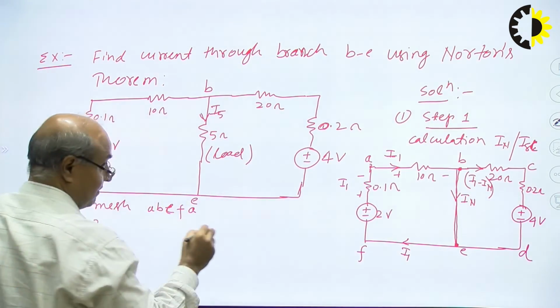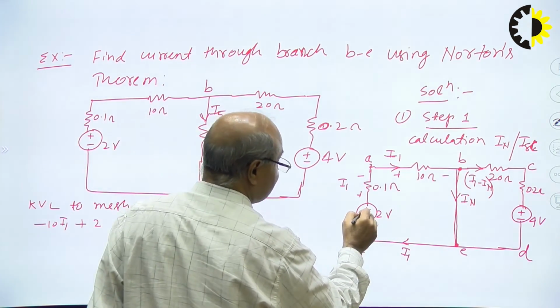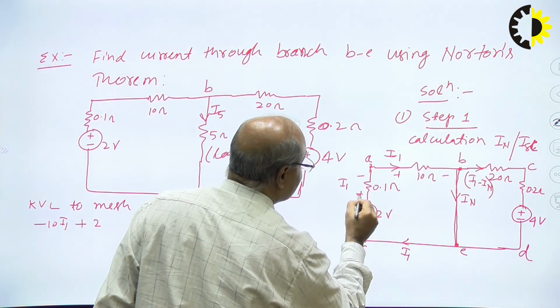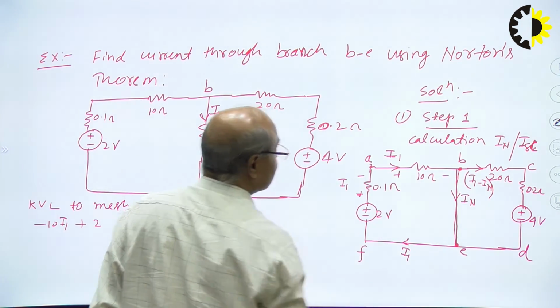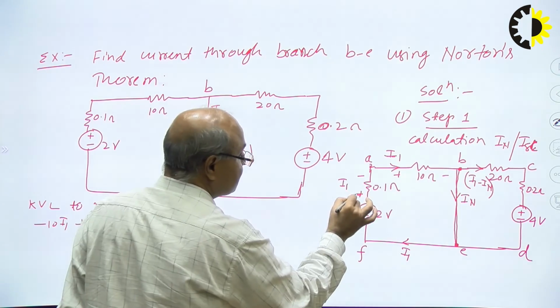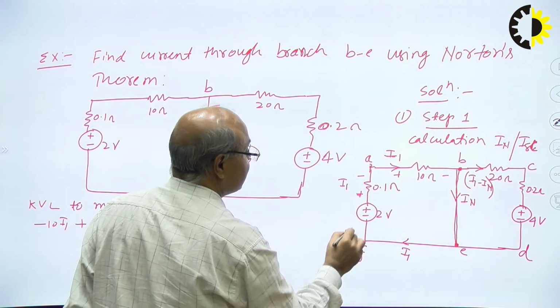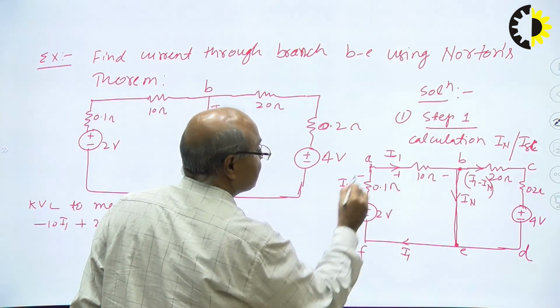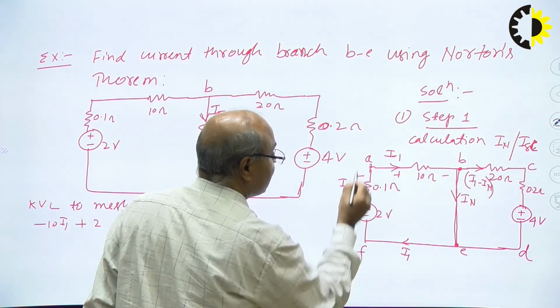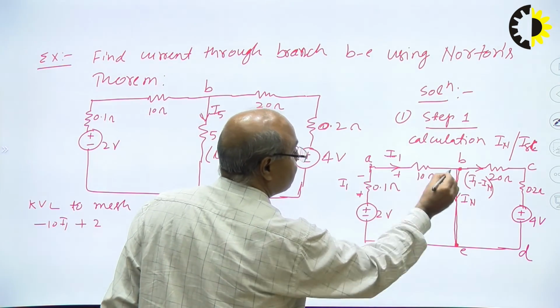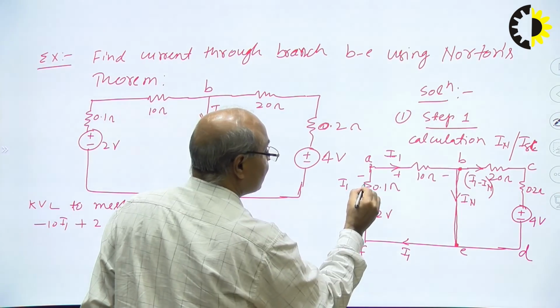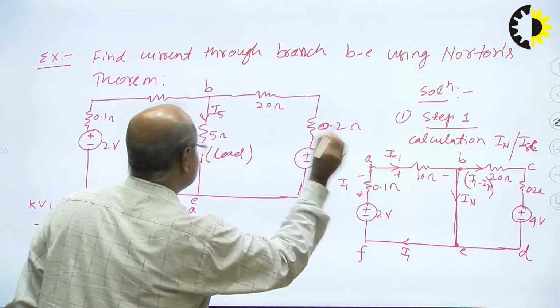And this voltage drop, since we are moving from positive to negative, tracing the path from point A, B, E, F, A, will be taken as negative.